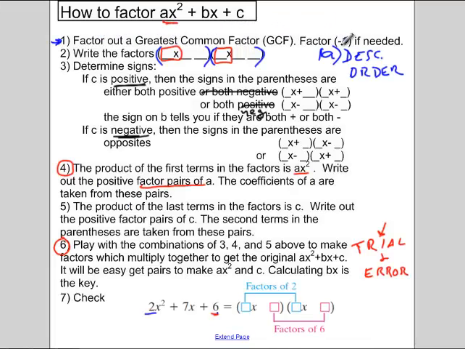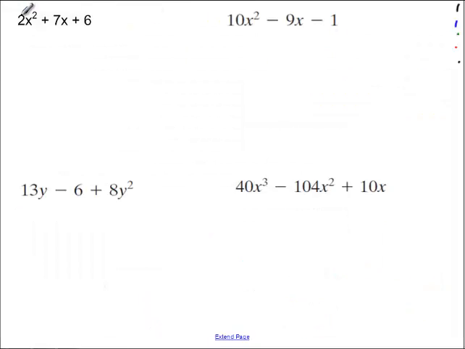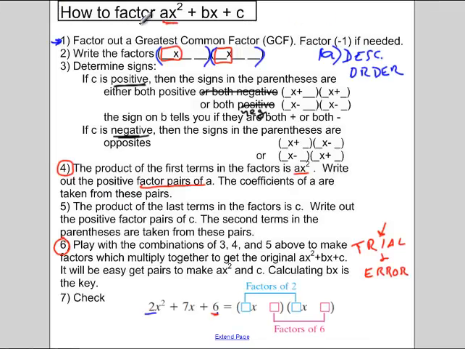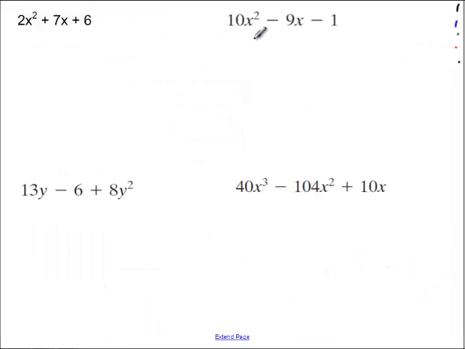Factor out a -1 if we need. There's no -1 here. That is not a negative number here. So we don't have to worry about factoring out a negative number. Factor out a greatest common factor makes our life easy because it makes our trinomial a lot smaller. Is there any common factor between 2x squared and 7x and 6? Well, there really isn't, because you could factor out a 2 from here, but you can't factor out a 2 from there.